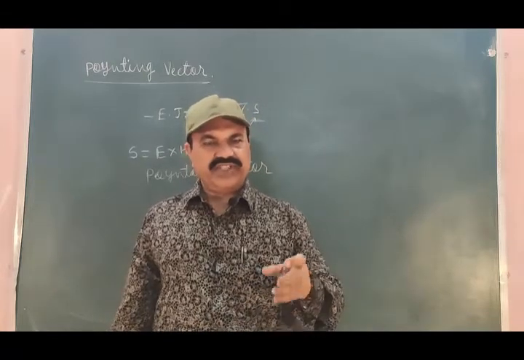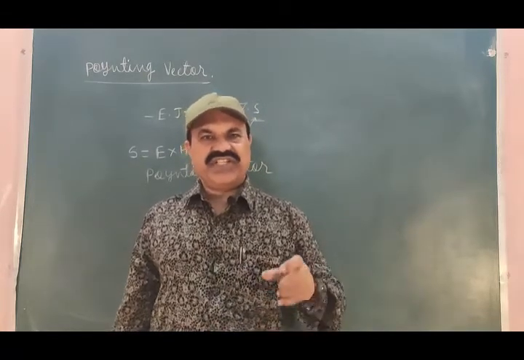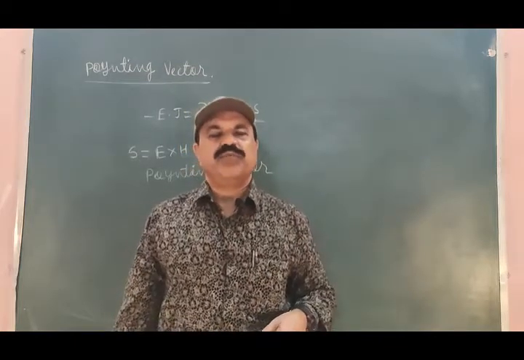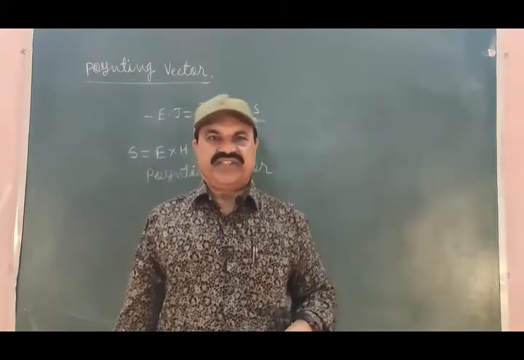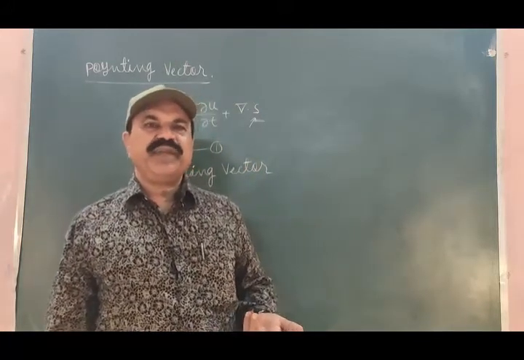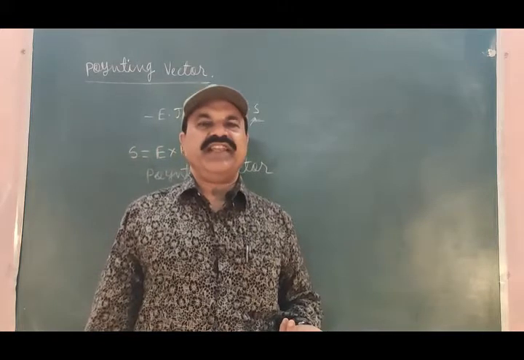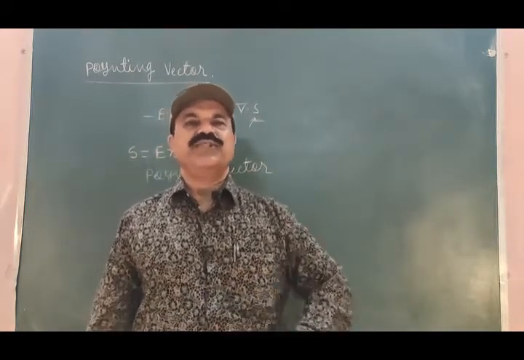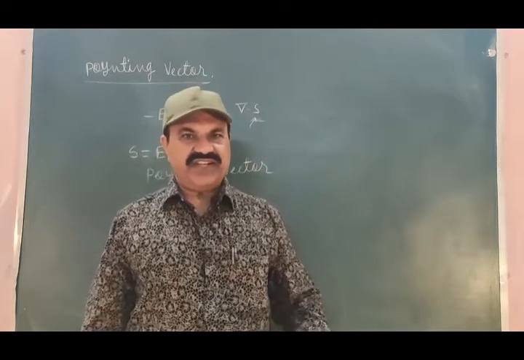Direction of the vector E cross H is always along the direction of propagation of light energy, and therefore Poynting vector may be used to explain the direction of flow of electromagnetic energy, light energy.